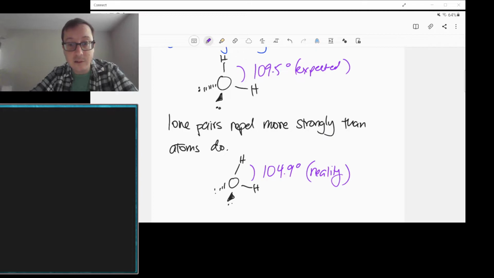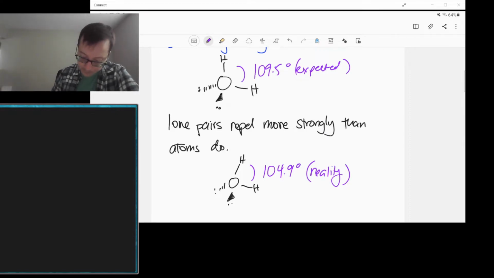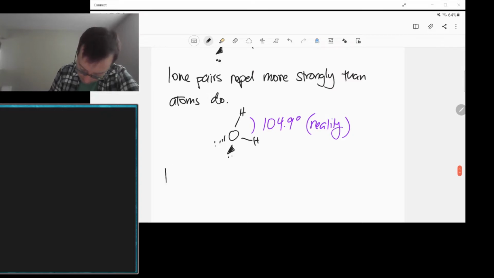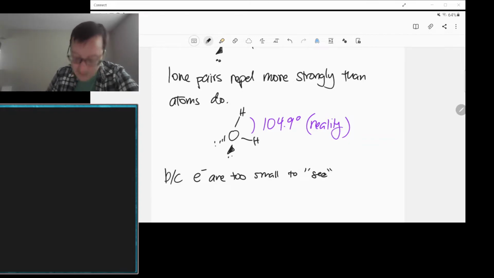So as a result, we end up getting a smaller bond angle because we have lone pairs, and we're going to see this trend will always continue. Anytime we have a lone pair in a molecule, it's going to make our bond angles less than we would expect. And secondly, because we can't see them, and again, I use the word see in quotes, we can't really see atoms either.